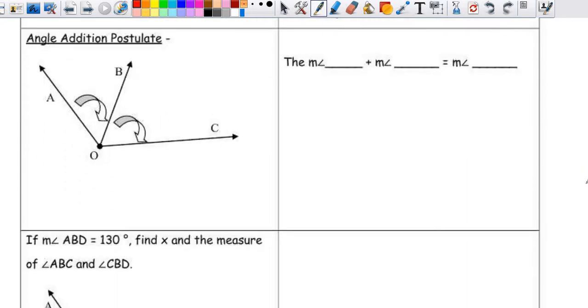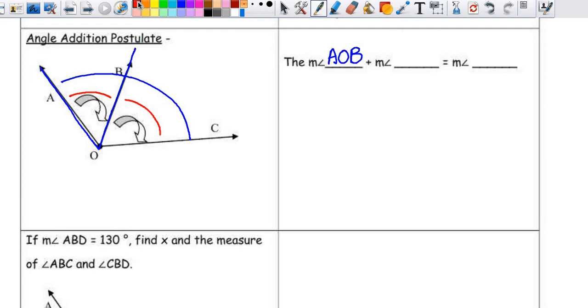Angle addition postulate. This is our last thing. This means that one part of this angle plus the other part of this angle will make up the whole angle picture. Okay, so if we talk about naming these angles, we would talk about the measure of angle AOB right here.